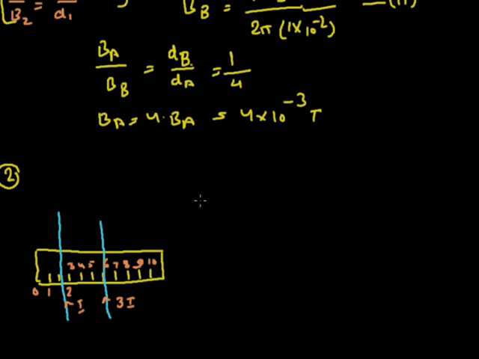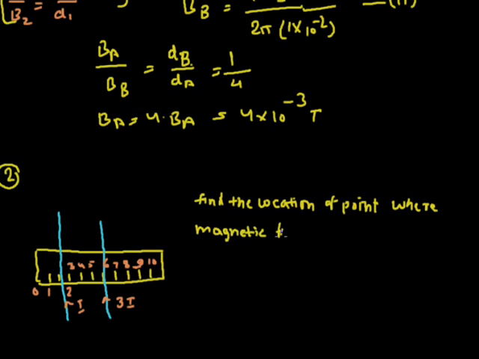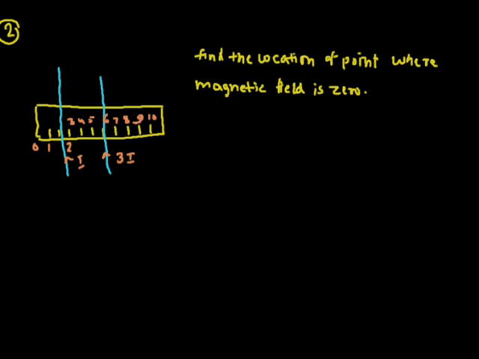Okay, now in this question we have to find the location of the point where the magnetic field is 0. So here to find the location we will use a simple concept.